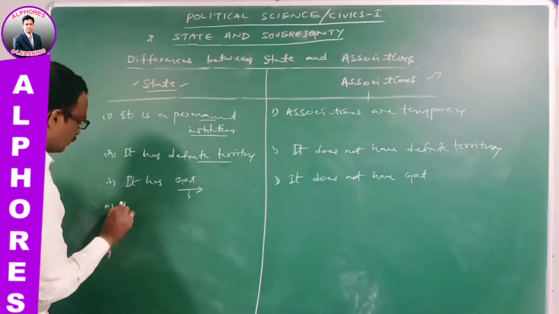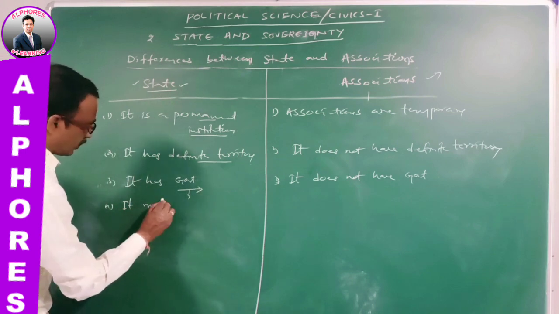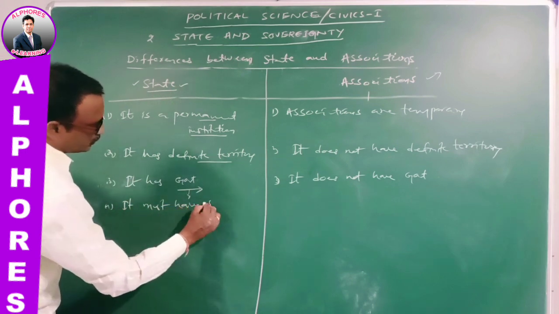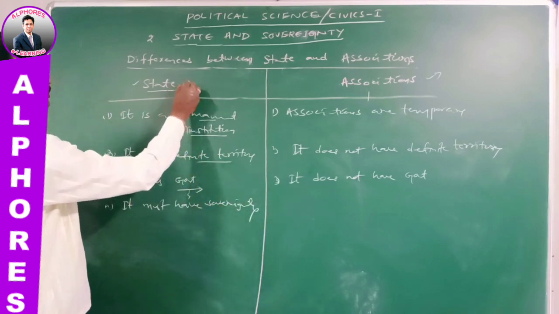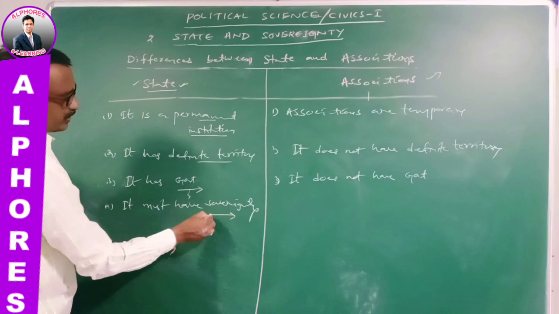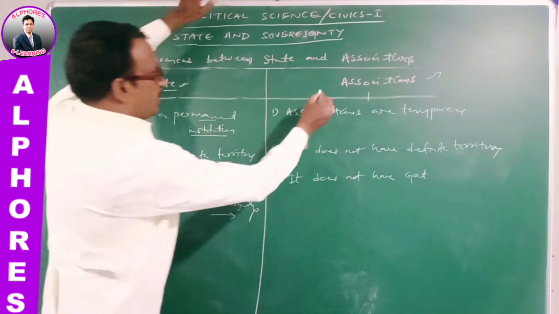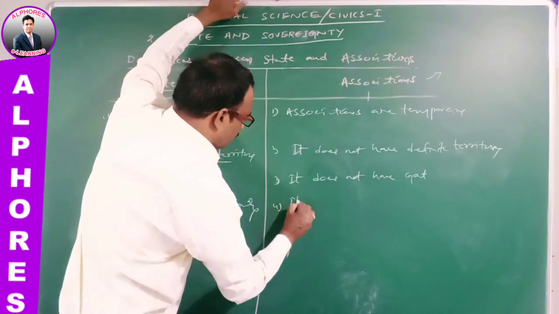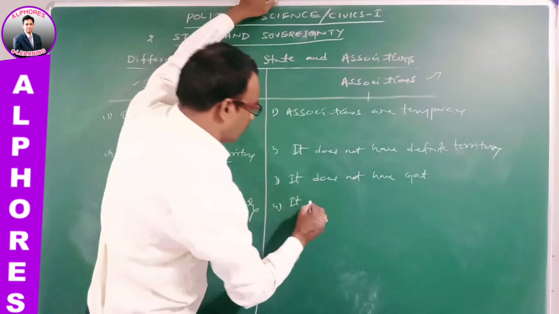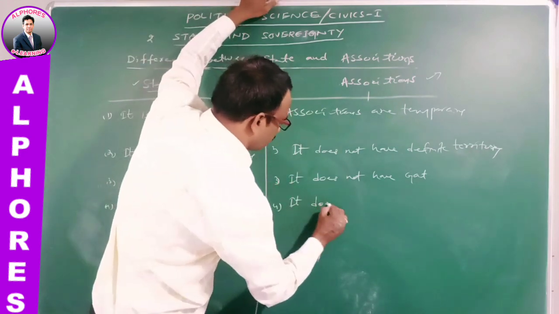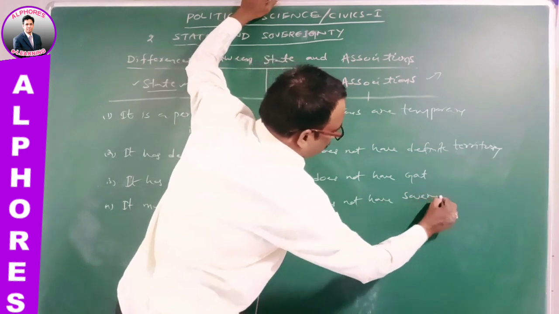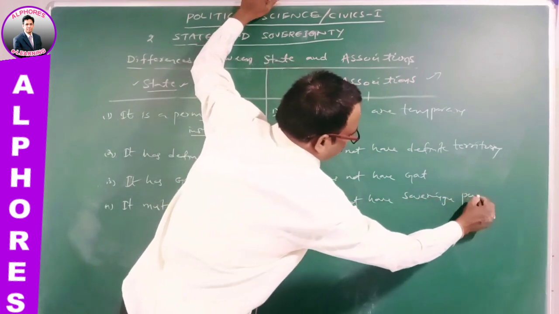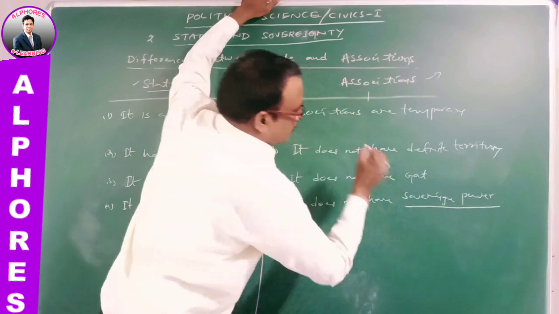Sovereign power. It must have sovereignty. So state must have the sovereign power, that is supreme power. Whereas associations do not have the sovereign power.